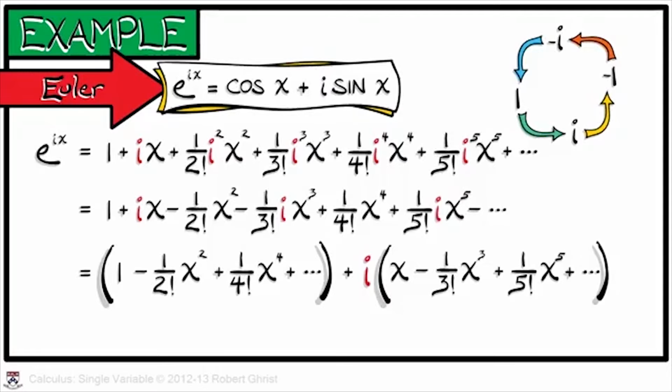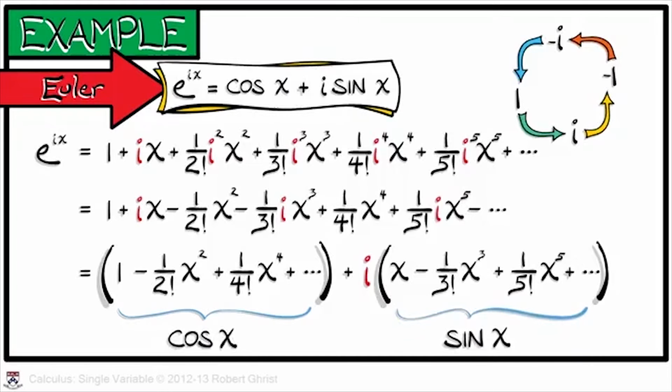From Euler's formula, that must be the cosine of x. Likewise, the sine of x must be the imaginary portion of this expression, that is, x minus x cubed over 3 factorial plus x to the 5th over 5 factorial, etc., with odd powers and alternating signs.